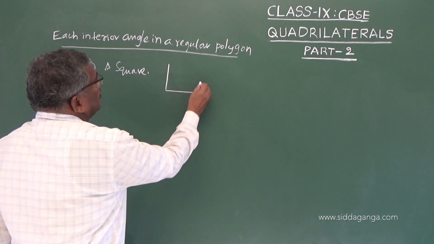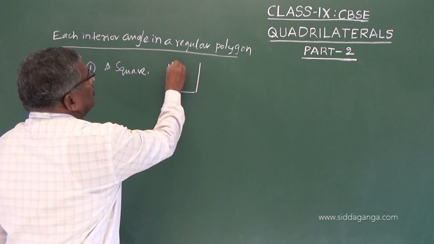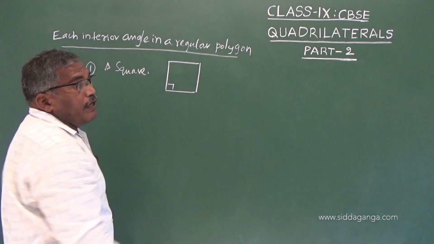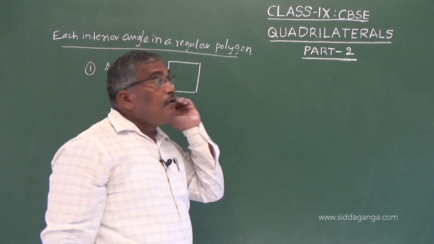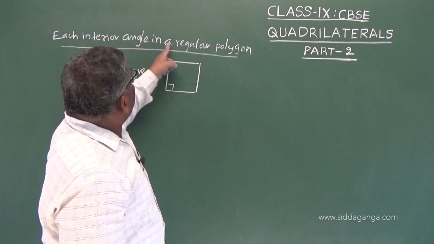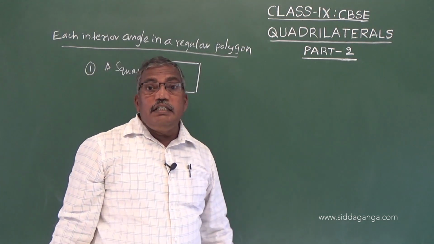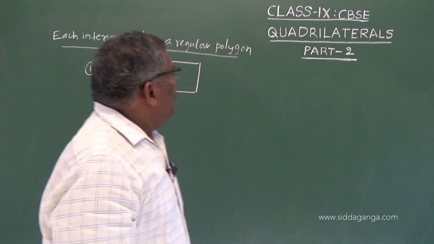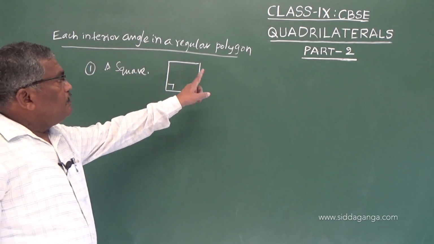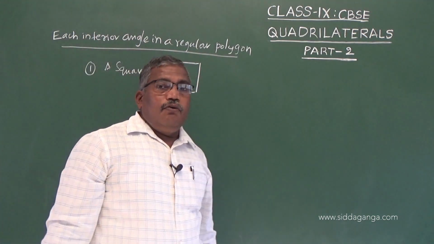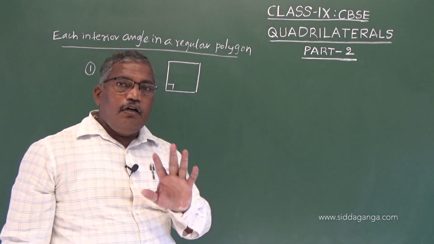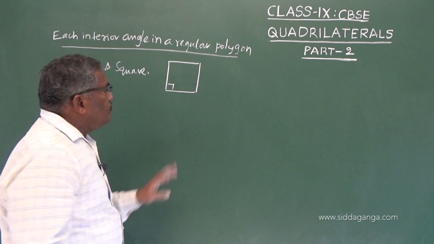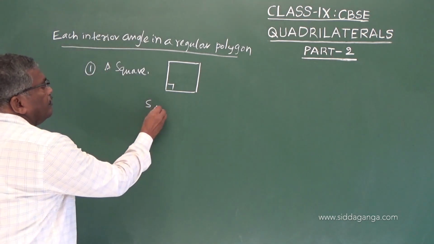All sides are equal, all angles are 90 degree. So each interior angle we have to calculate, meaning we have to divide by 4 because it is having 4 angles.